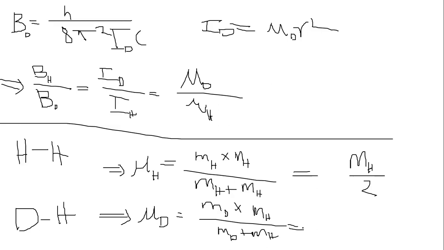And we know the mass of deuterium is twice the mass of hydrogen, so it will be 2mH into mH divided by 2mH plus mH.